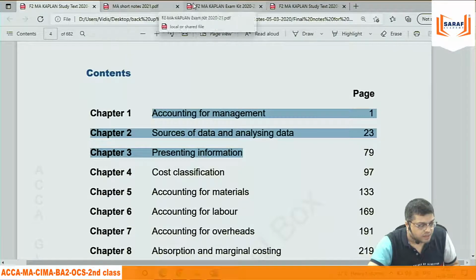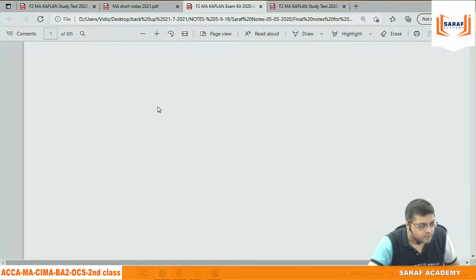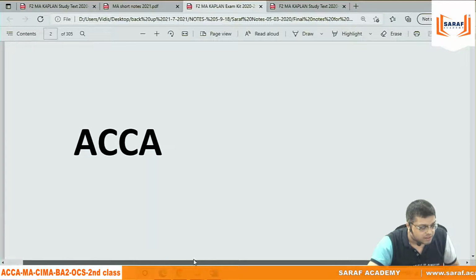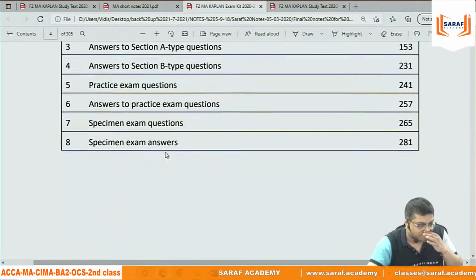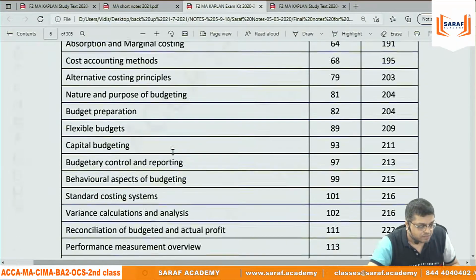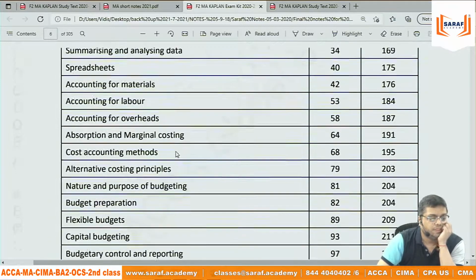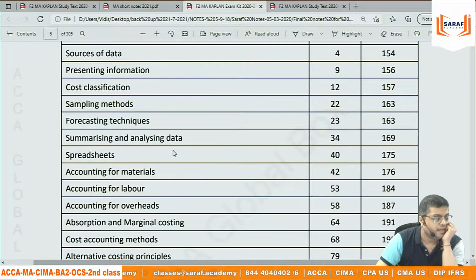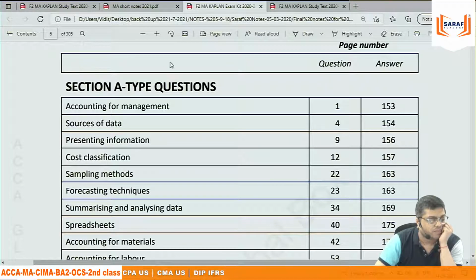Now, this type of one more question we are doing, then we will be proceeding further. This is the exam kit. In the exam kit, course classification, question number 12 onwards, the answer is on page number 157.